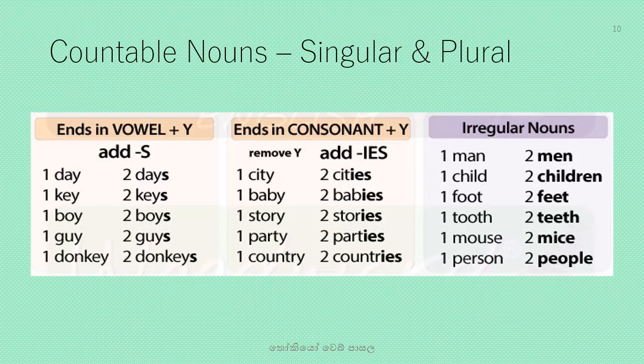The next category is when a word ends in a vowel plus Y. What are vowels? A, E, I, O, U. So if our word ends with a vowel followed by a Y, as in day, key, boy, guy, donkey, we simply add S. Day, days.